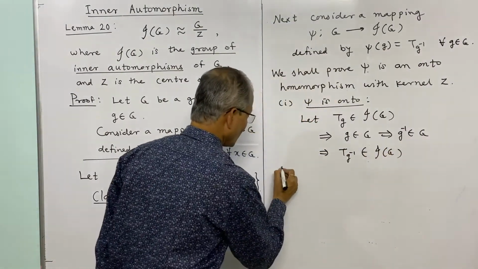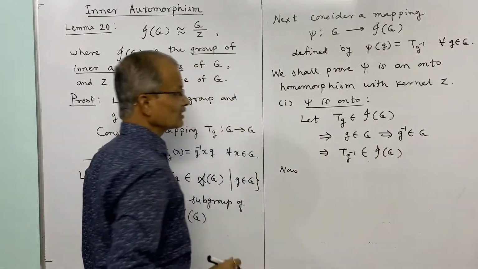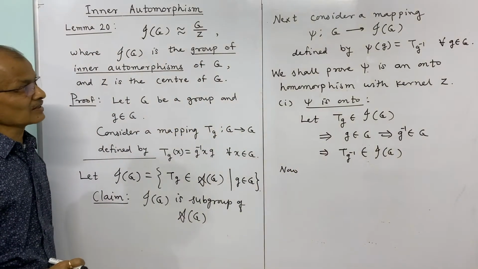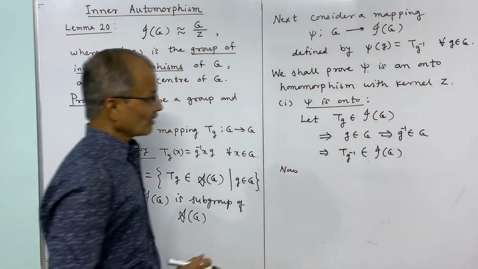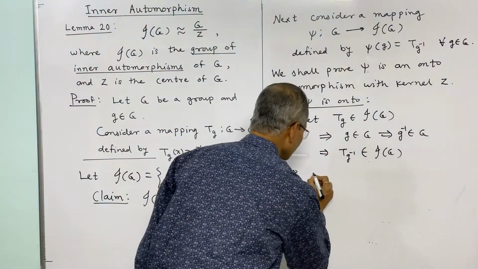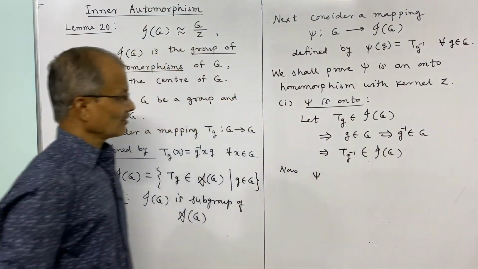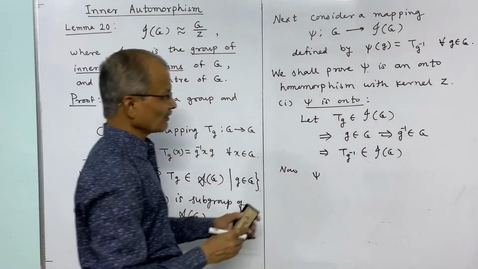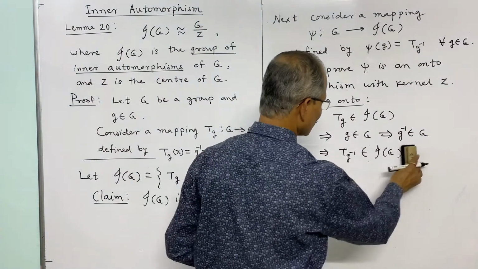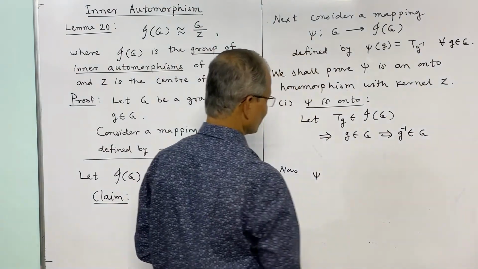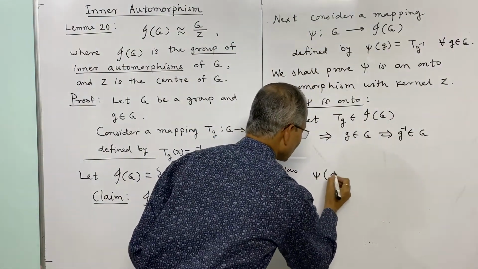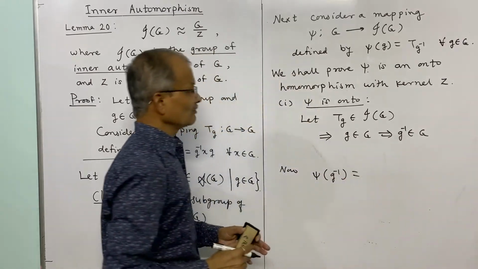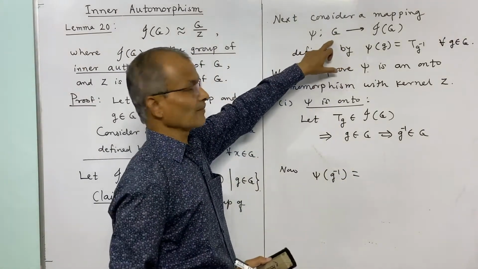Now, what is the inverse image of Tg under psi? We consider psi of g inverse, since g inverse is in G and Tg belongs to Ig. So what will be psi of g inverse by definition of psi?